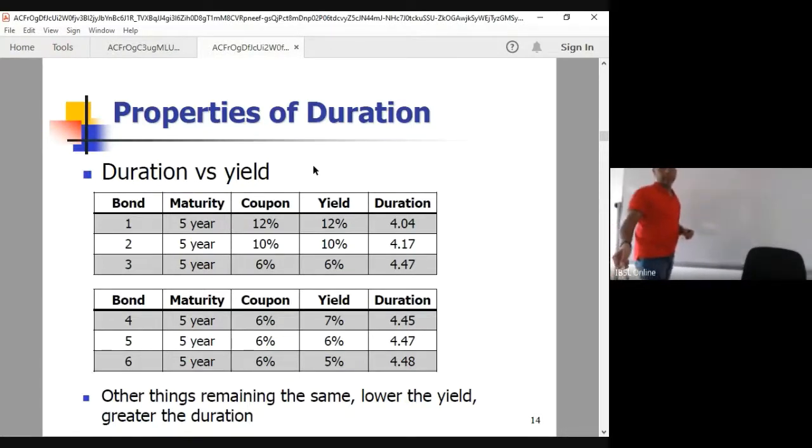So if the yield to maturity goes up, your duration comes down. If your yield to maturity keeps coming down, your duration will start to climb. So the lower the yield, the greater the duration. Is that understood?